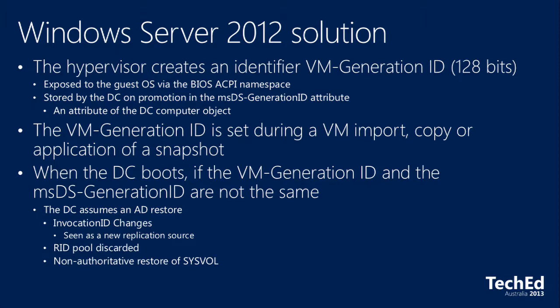But instead of going and sitting in a corner and sulking, it knows that the changes that it had previously made are pretty much out there, somewhere, with its name attached to it. So the only way that I can get them back, because I don't have them here at the moment, is to change my name. What it does is it changes its invocation ID and does a few other little things.